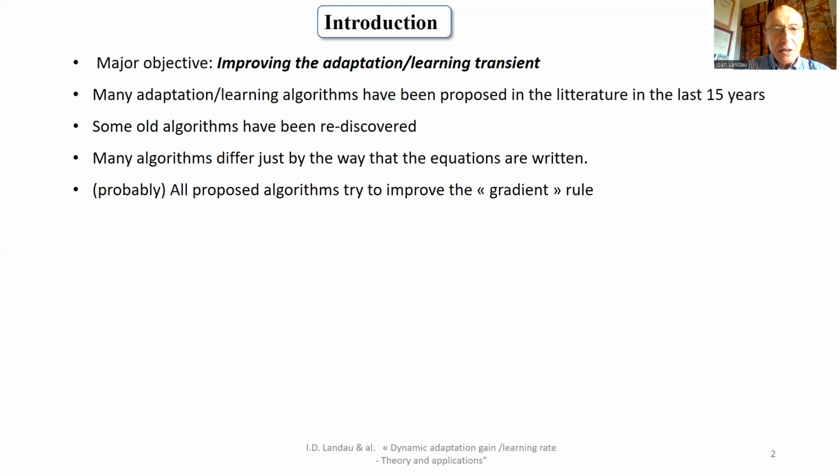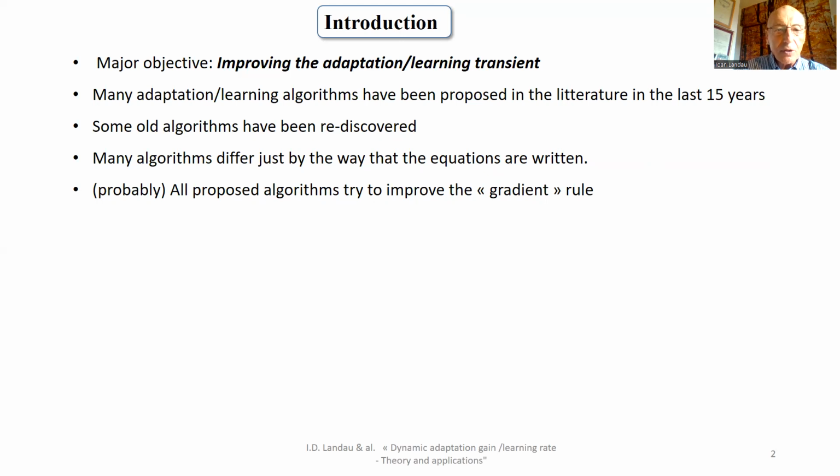Many adaptation learning algorithms have been proposed in the literature in the last 15 years. Some old algorithms have been rediscovered. Many algorithms differ just by the way that the equations are written.